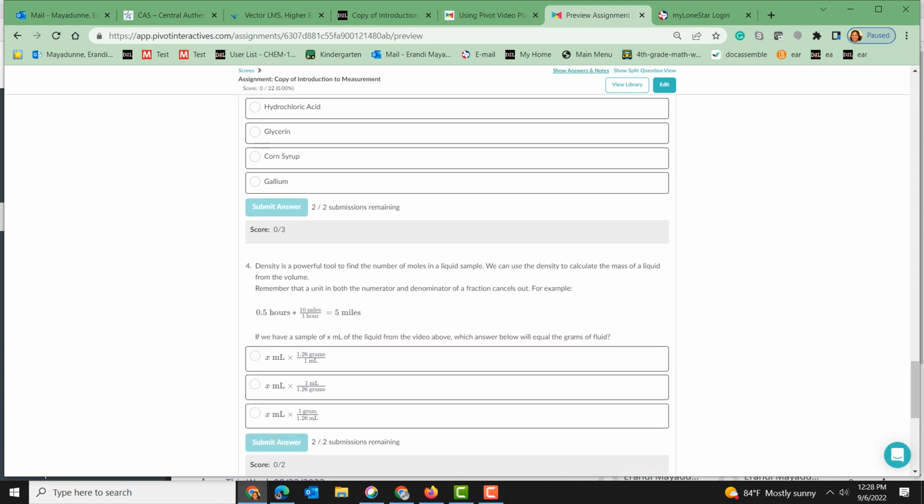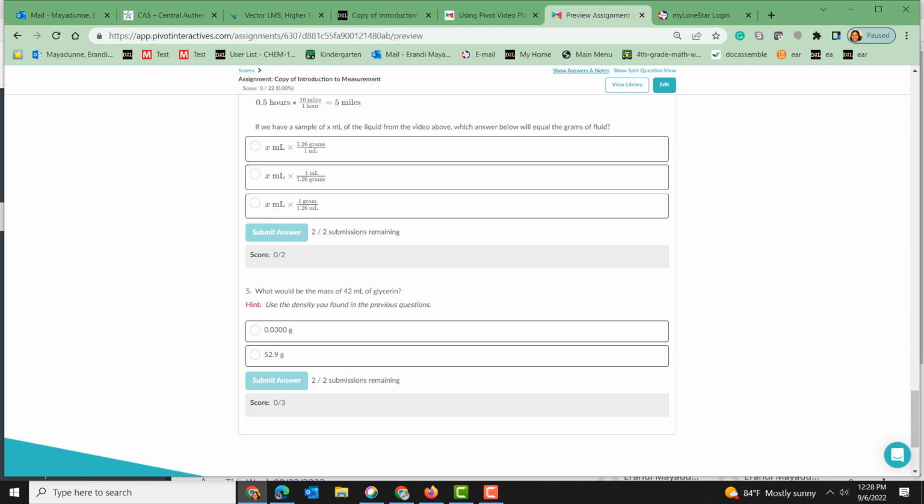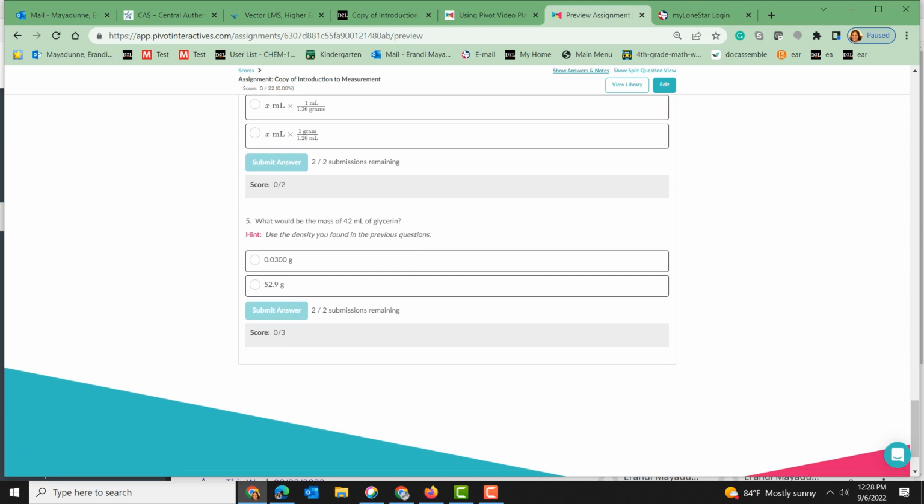It is going to be m over 42 milliliters. Milliliters cancel, and the mass would be 42 multiplied by 1.26. Like that you have to find it.